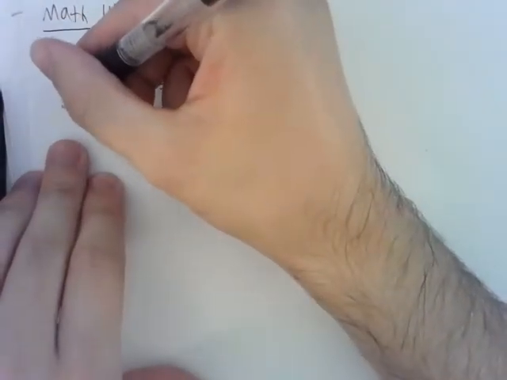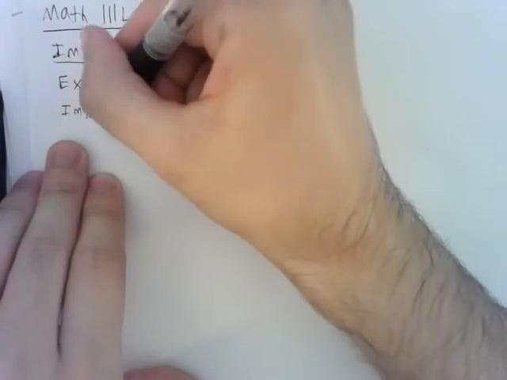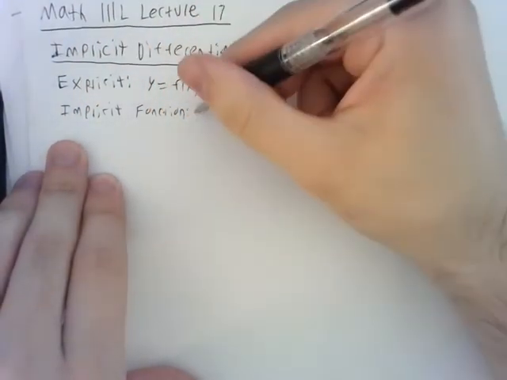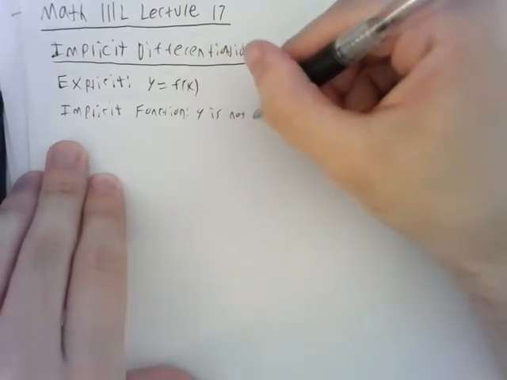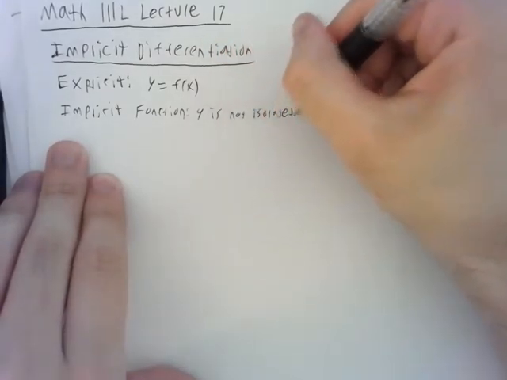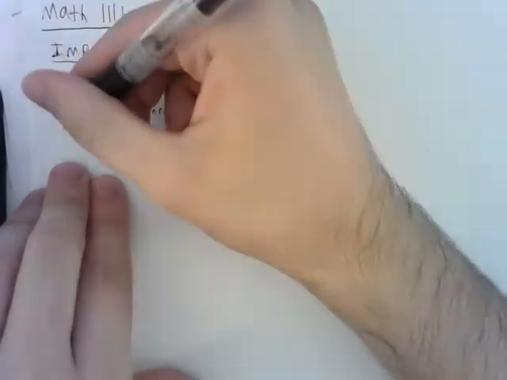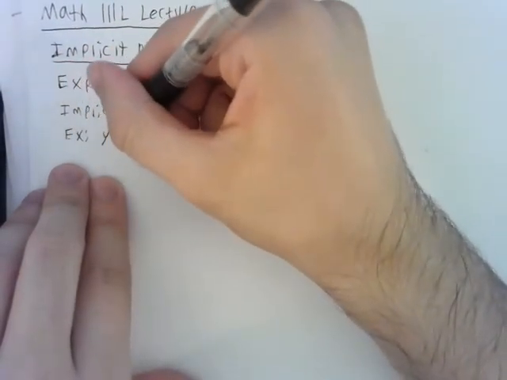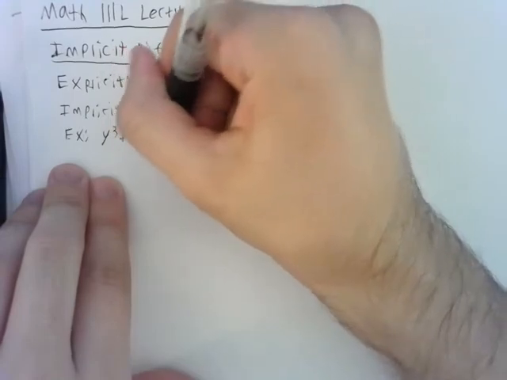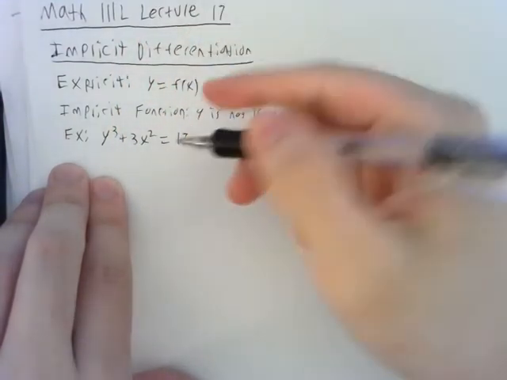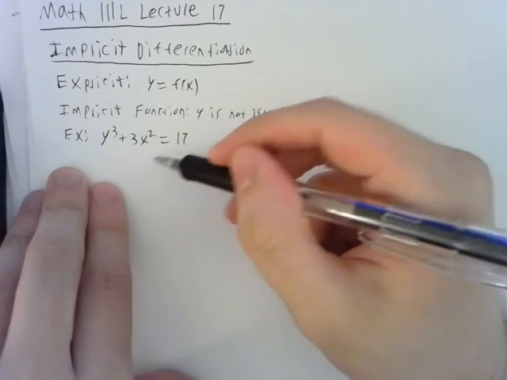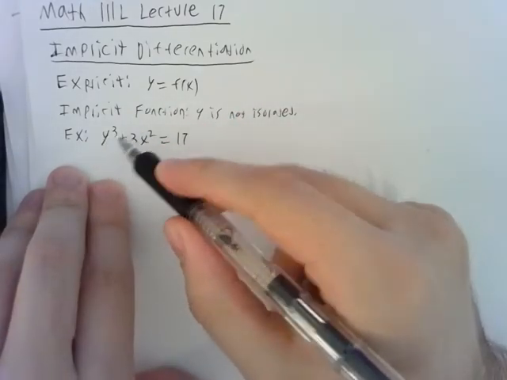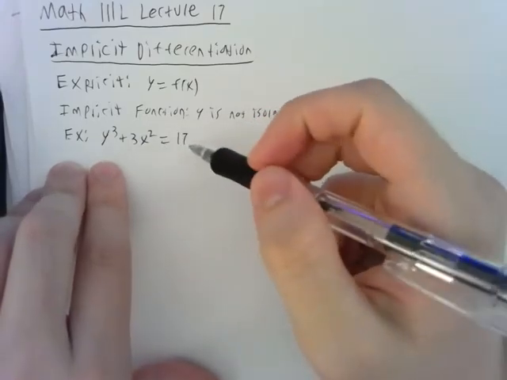An implicit function is one where y is not isolated. For example, we might have something like y cubed plus 3x squared equals 17. This is an implicit function because the y is mixed together with several other things.